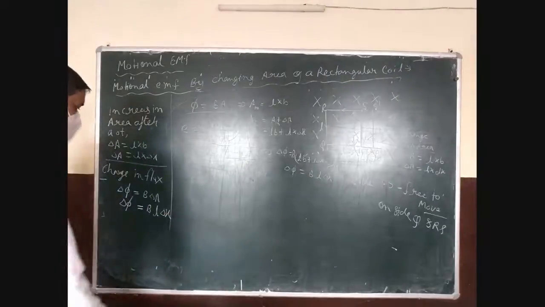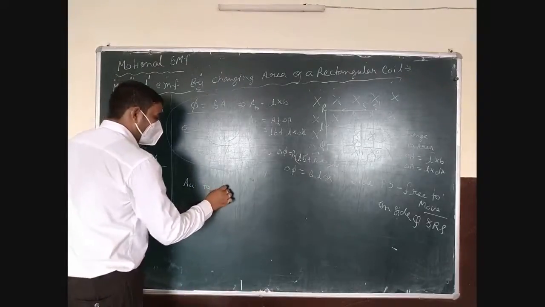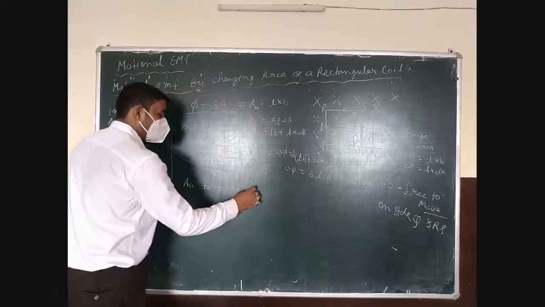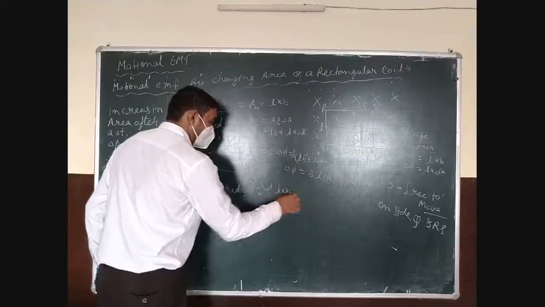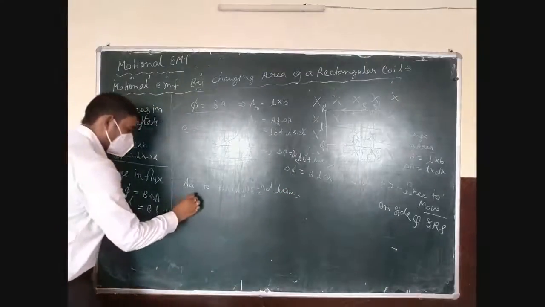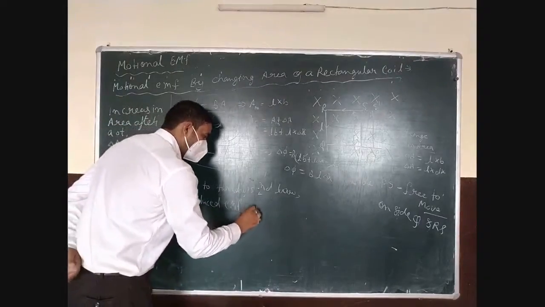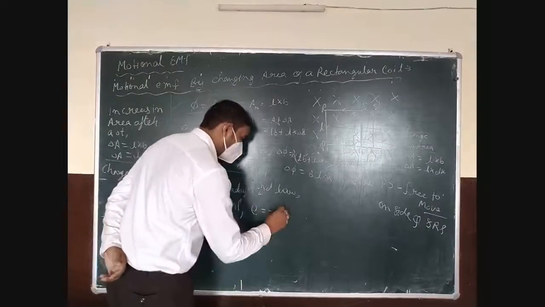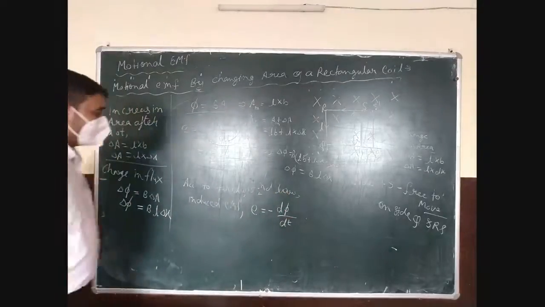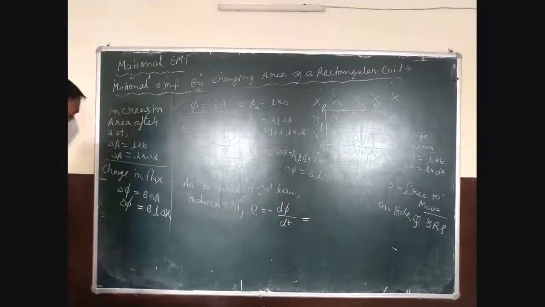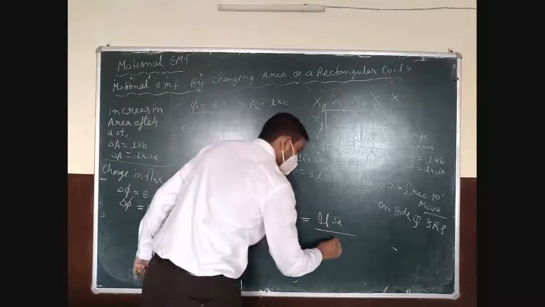Now according to Faraday's second law, induced EMF E is equal to minus d phi over dt. Okay, now we have phi as B L del X upon dt.